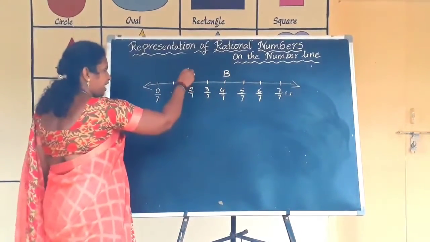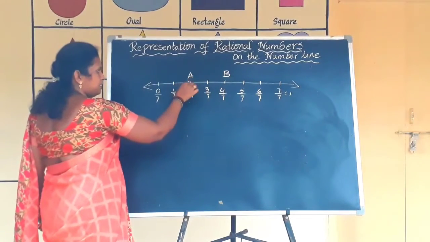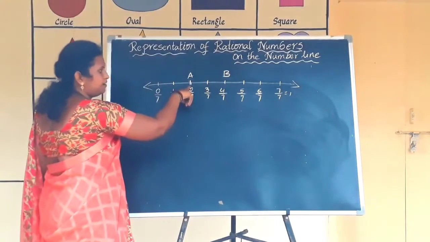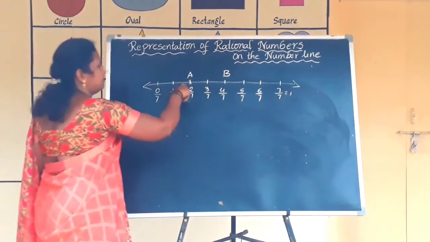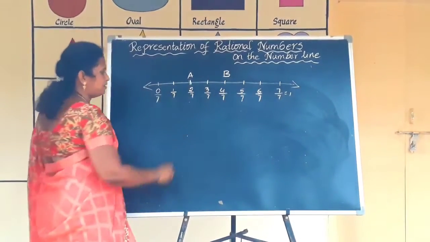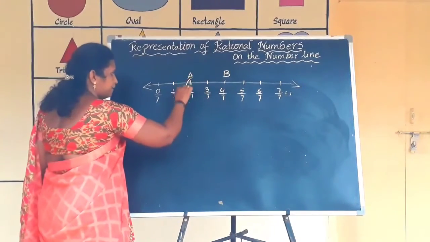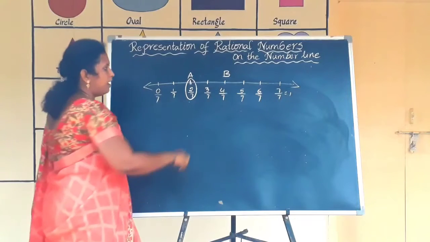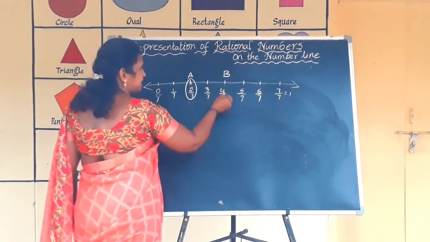Here the letter A indicates the position of the second part, and out of 7 parts we are representing the second part. So this rational number on the number line is 2 by 7, and the letter B indicates 4 by 7.